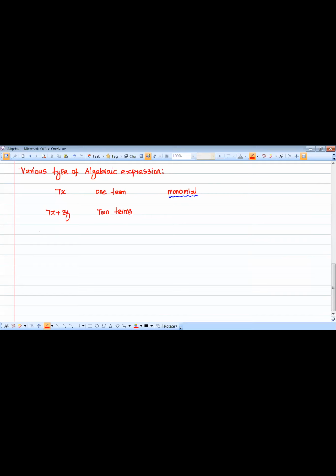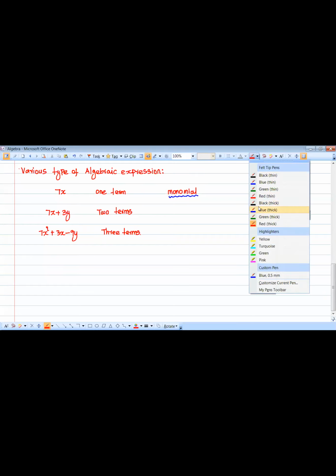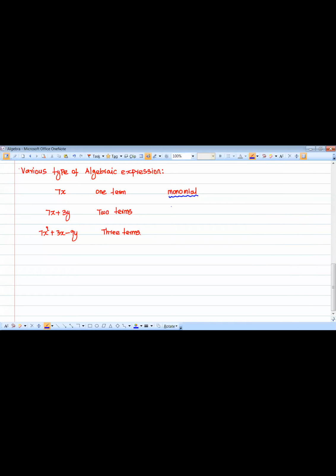One more example, let me write 7x square plus 3x minus 9y. Here you have three terms. So if it is one term, it is a monomial; two terms, binomial; and three terms, trinomial.